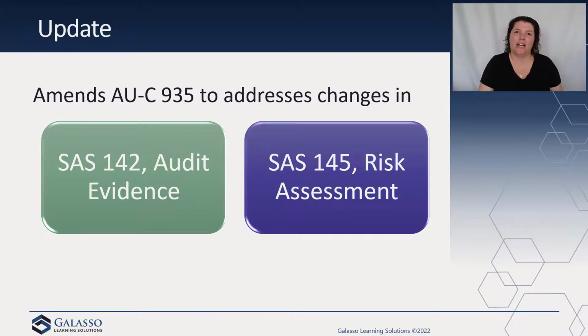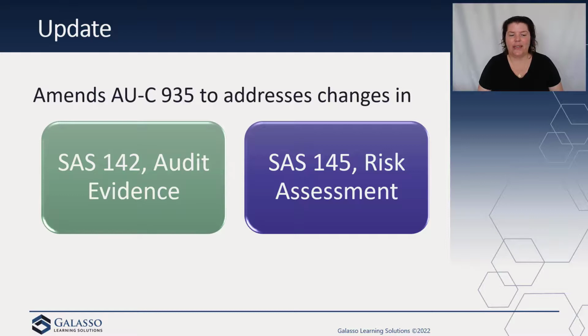So you don't have to go look at 145 because the guidance is in 935. And so they've kind of made it a little bit easier here. So instead of referencing 315 for those, they included what they wanted into the AUC section 935 so that they could then have that information in there, how they wanted it to be verbiaged for compliance audits, and therefore the original text is not needed because it hasn't been adjusted for compliance audits.